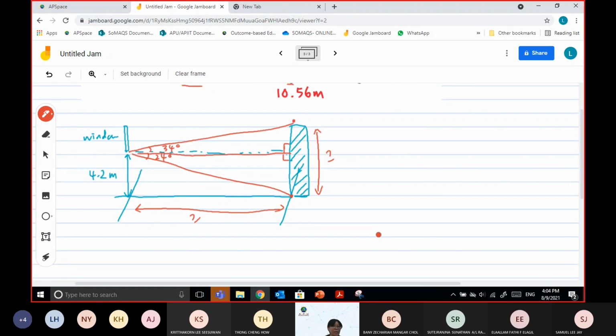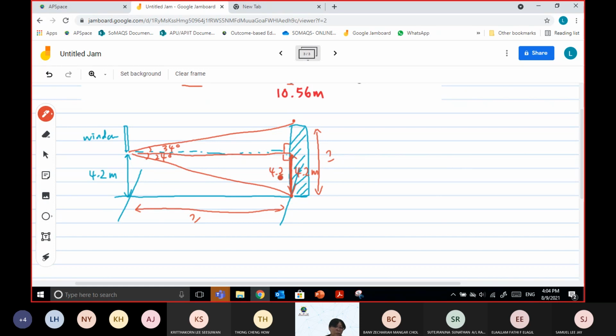Now, can you see, since the height of the window is 4.2, that means here is actually 4.2 as well. The height here is 4.2 as well.